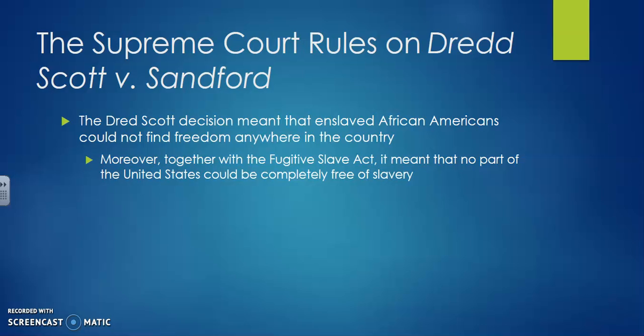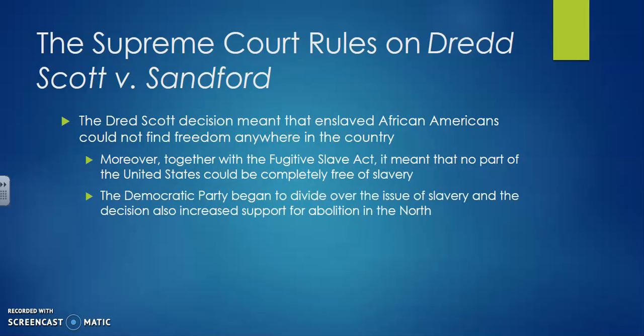So in other words, the Fugitive Slave Act punishes white people for helping enslaved African Americans escape, on top of the fact that the court just ruled that Congress cannot forbid slavery in places, then technically slavery can exist anywhere in the United States now.